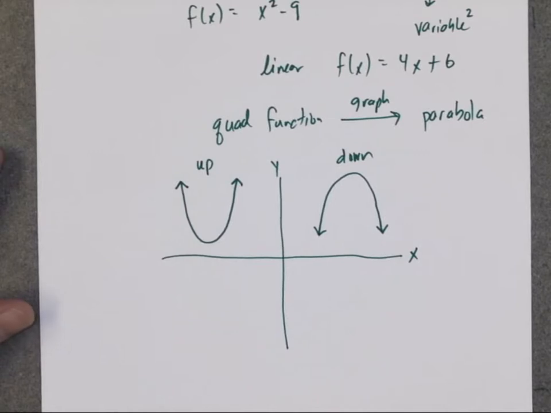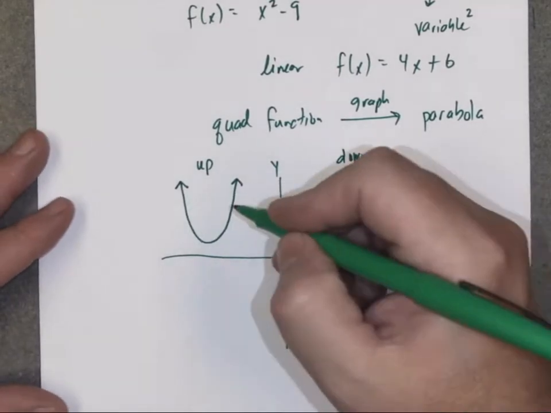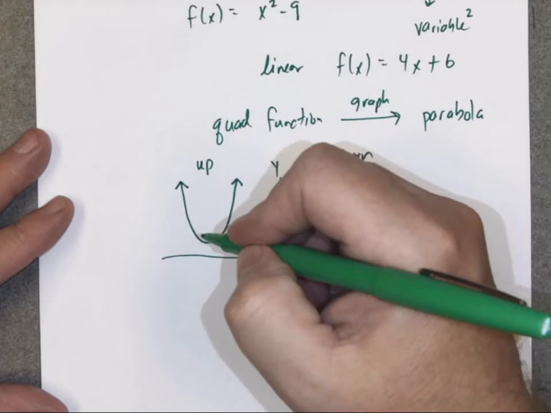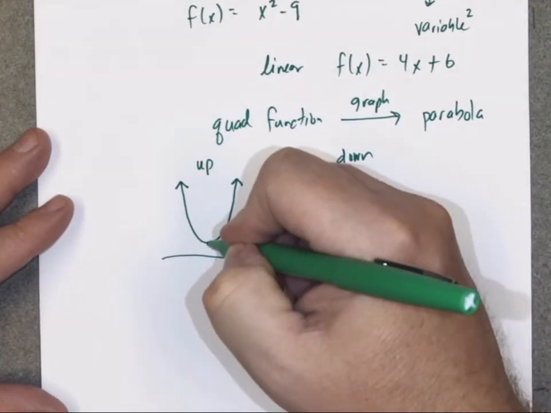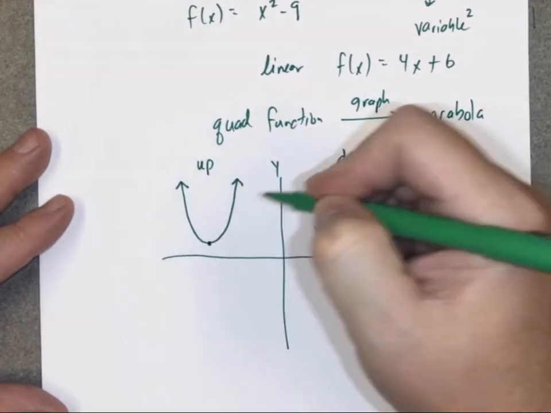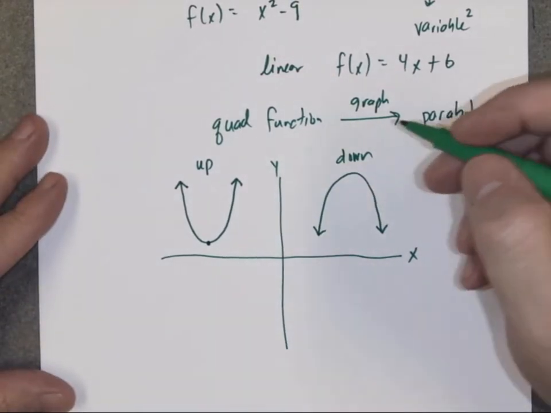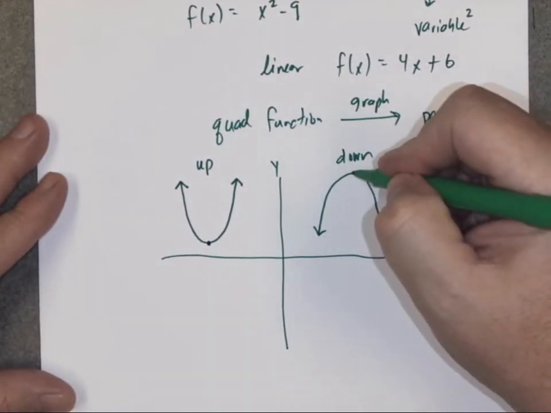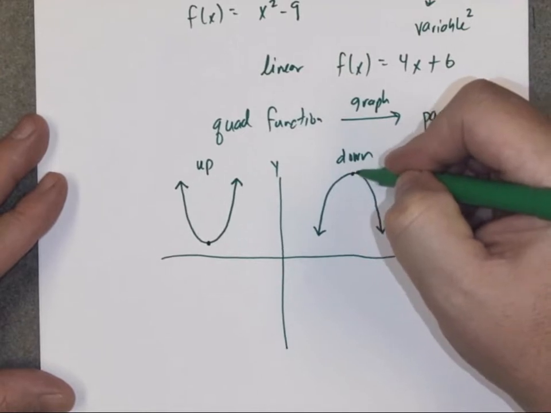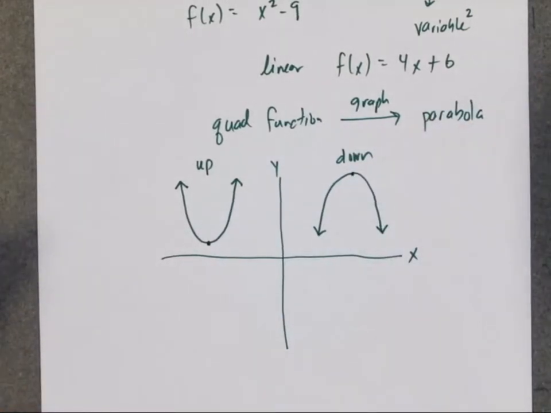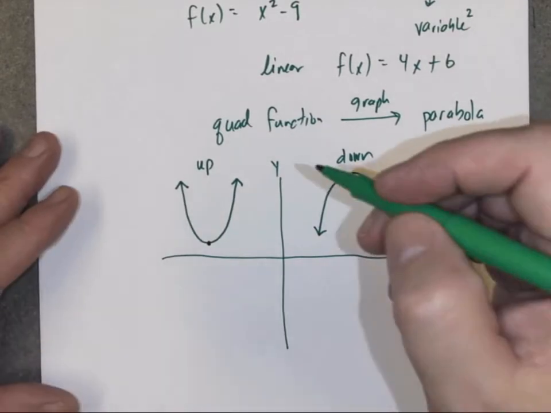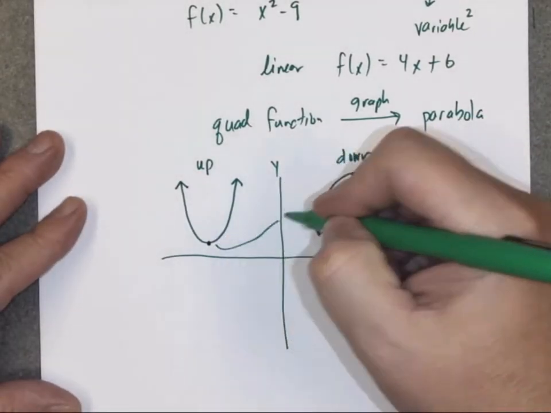Now some key features of these graphs. First of all, for the parabola that opens up, if we go to the very lowest point on the parabola, right there, and on the parabola that opens down, if we go to the very highest point, these two points are very special, and they have a special name, and they actually have the same name.